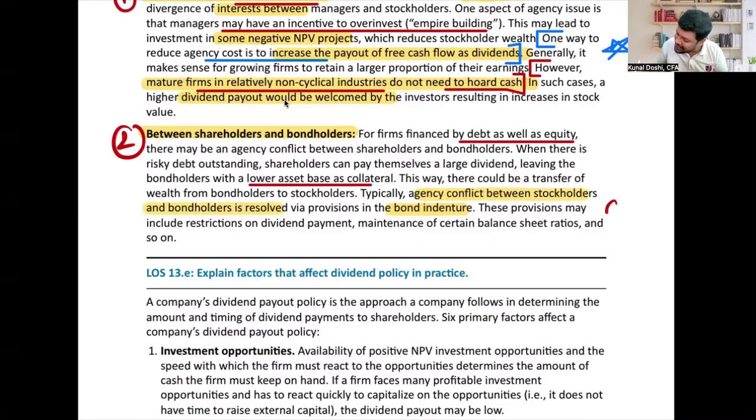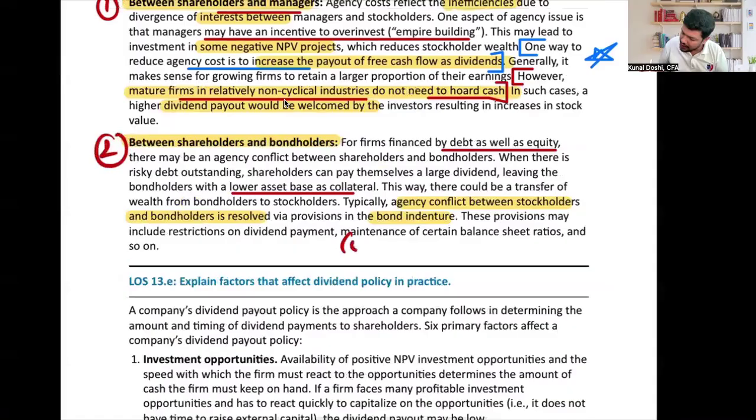Through positive and negative covenants, they can make sure that dividends are not paid to the shareholders until interest is paid on time, and put various other restrictions on the equity shareholders. Those are called covenants. So through covenants or through the paying out of dividends, there can be resolution of the agency conflict. Understood, everyone? Clear.